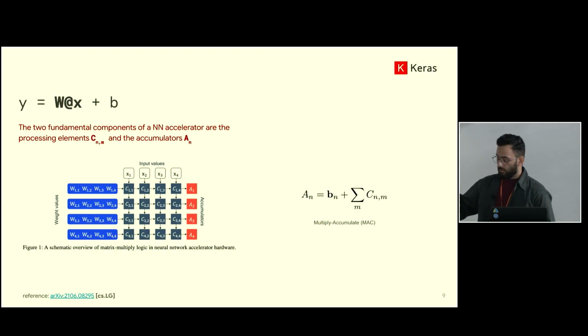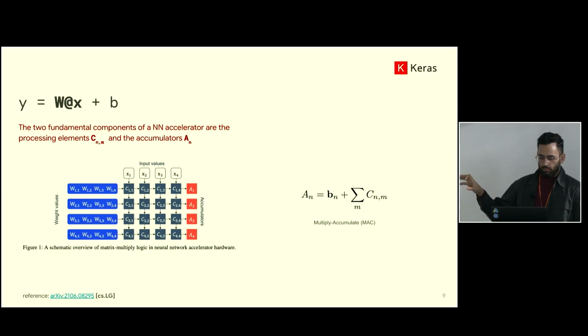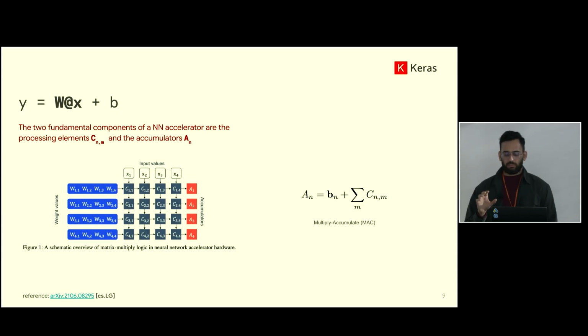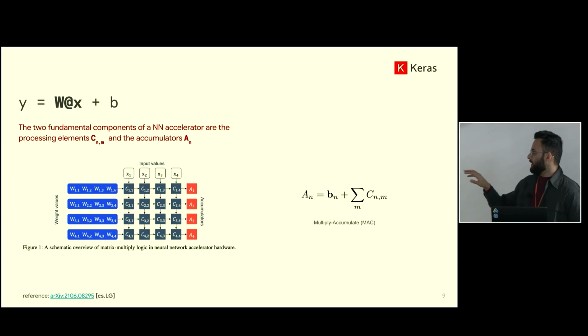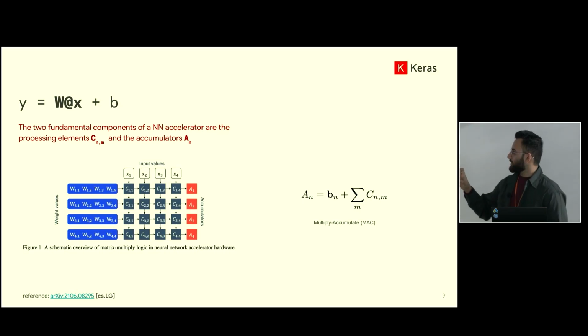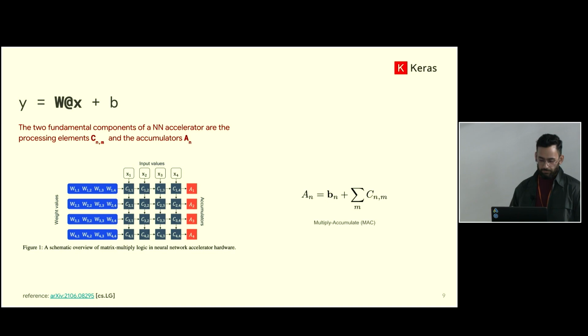So you load up the weights W into the arrays on the left-hand side and the vector X on the array on the top. And each of these processing elements in the 4x4 grid performs a multiply of their respective elements. So if you look at C11, it's supposed to multiply X1 with W11, and so on as you move through the array.